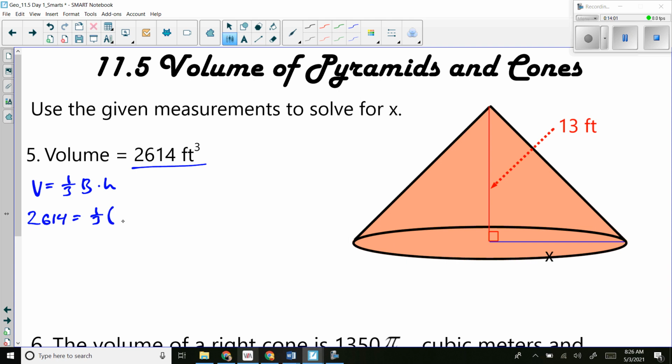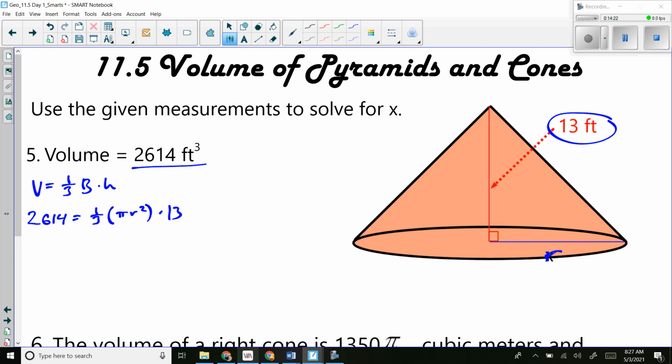And instead of the area of the base, I'm going to replace this with pi r squared. And instead of x, let's use r here. That's what I'm trying to find, the radius. That's the height. Okay, they also tell us our height is 13, so I could replace the height with 13.